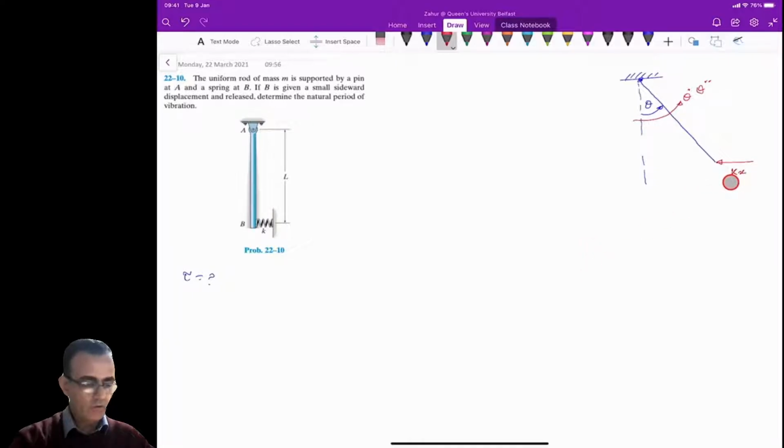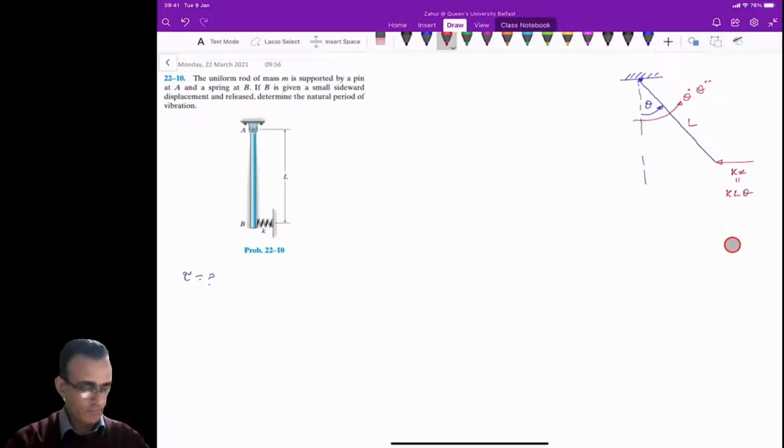And because the angle is very, very small, and we know the length here, we can say that this becomes equal to L theta, as we explained in the previous case. So this is L sine theta equal to L theta.